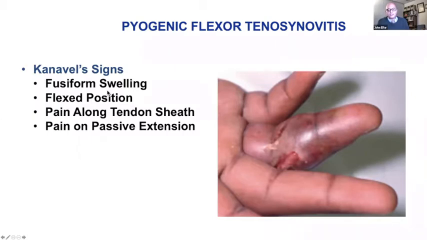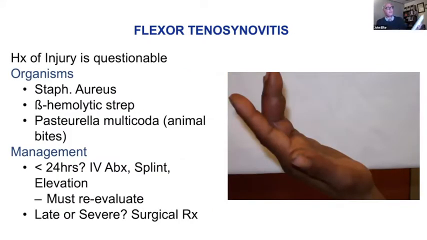These infections destroy the gliding mechanism and lead to loss of function. Tendons gain their nourishment through synovium and a direct blood supply, and the bacteria live off the synovium. So they actually enjoy the nutrients within the synovium. This area has a poor blood supply, and so it can lead to expansion of these infections pretty quickly.